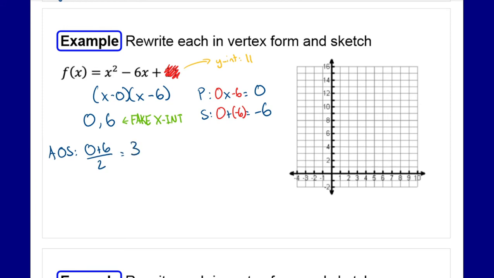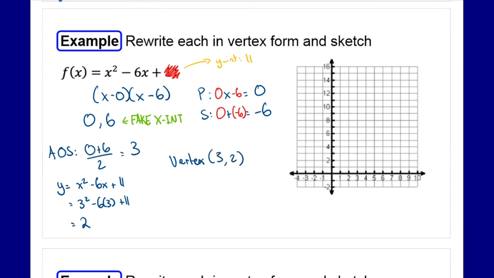I can take that value, plug it back into the equation, the original one, which is x squared minus 6x plus 11. 3 squared minus 6 times 3 plus 11, which works out to 2. And I now know my vertex is 3, 2.